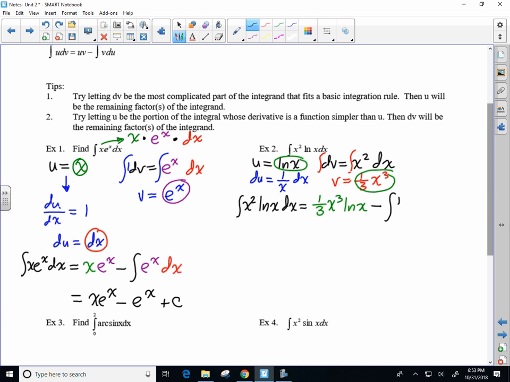So 1/3, that's the v du. Yeah, I was thinking of a different problem. Oh, you know what I was thinking of? I was thinking of the integral of ln of x, which I must have changed the question.